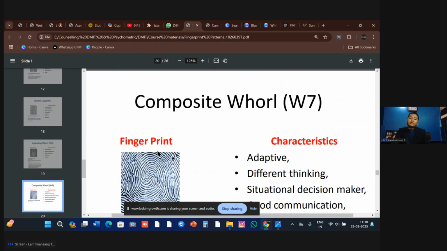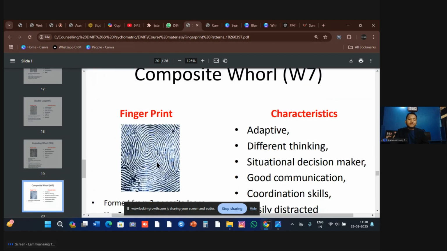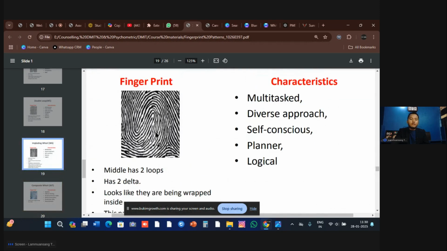And it's somewhat confusing, W7 and W6. So the difference is here. See, tri radius is two. The difference between this one and W6 and W5 is that this one is a complete wrap up, it doesn't go out like W5 or W6.